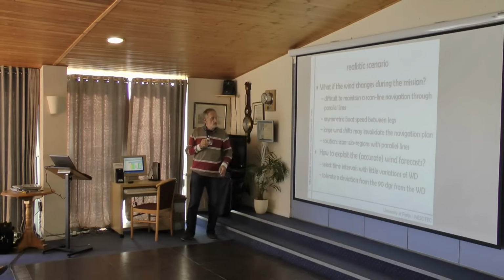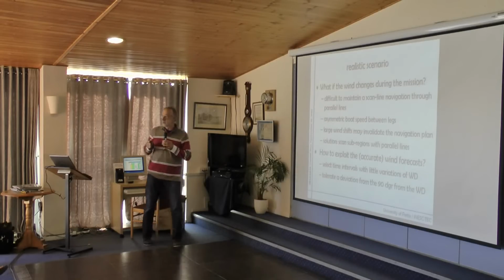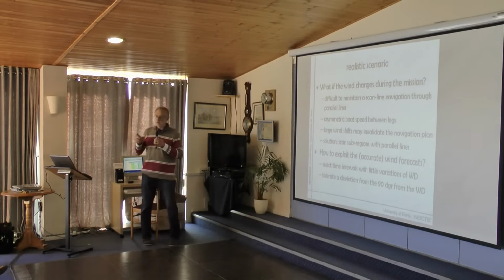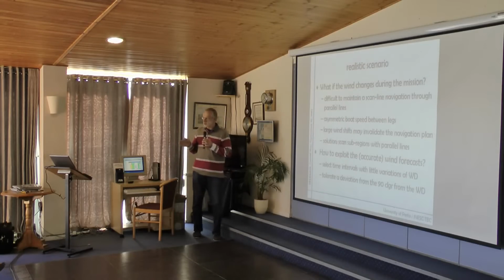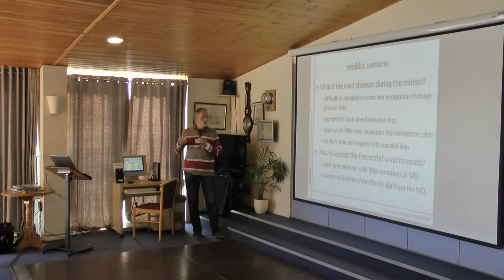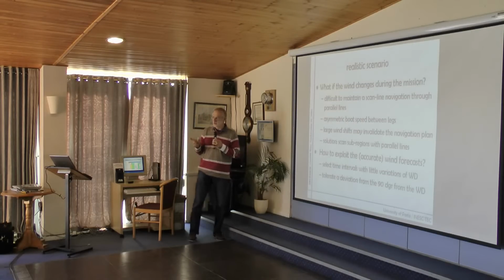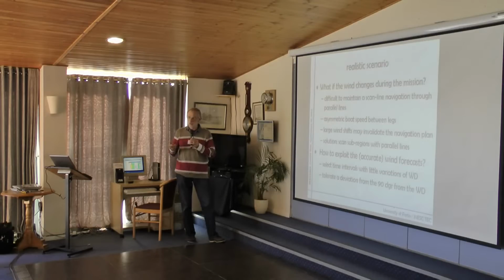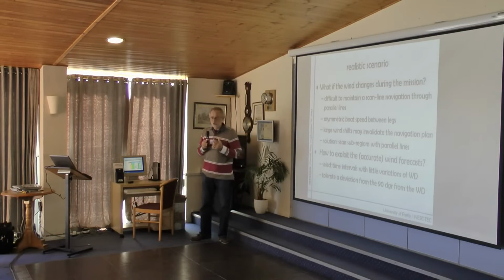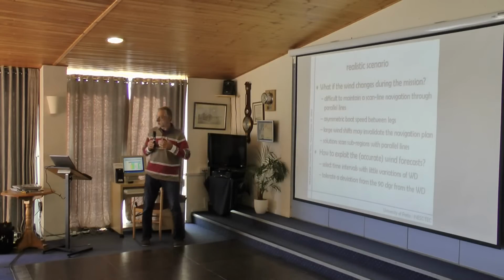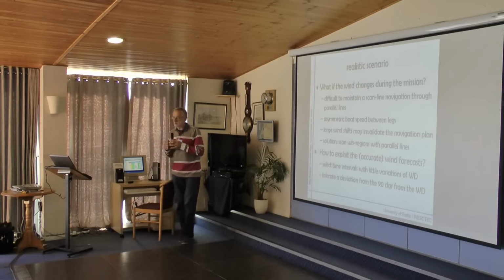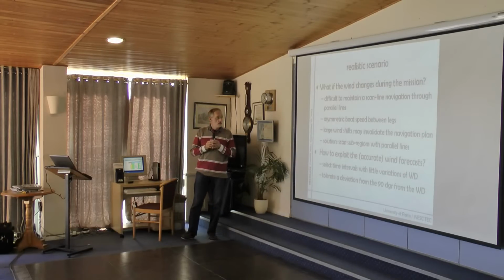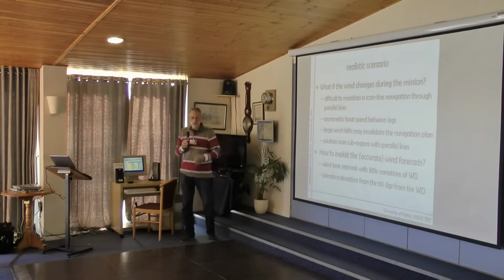If we choose one initial scan line direction for the initial wind direction, during the variation of the wind direction we will not have the same boat speed between different legs, because we will have a different apparent wind angle with the boat. And if we observe large wind shifts, large wind direction variations, that can also invalidate the navigation plan, because the boat may enter the forbidden angle and could not navigate in some cases.